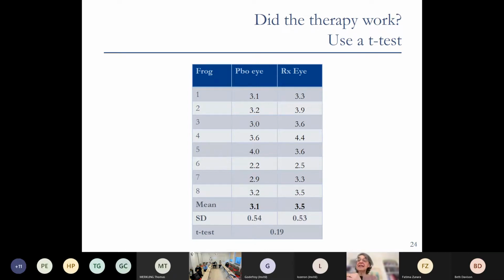I calculate the standard deviations, and I do a t-test, and it's not significant. Those numbers looked pretty suggestive to me, but this is perfectly consistent. A p-value of 0.19 is really consistent with chance. So it looks as if I don't have strong evidence that the treatment worked.